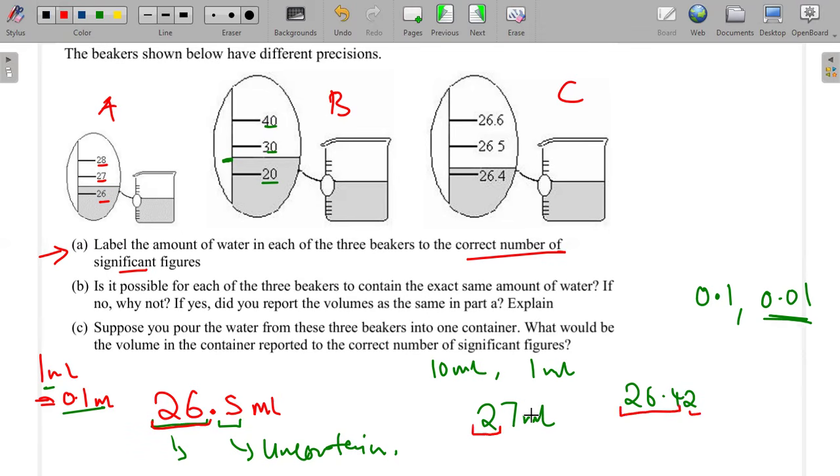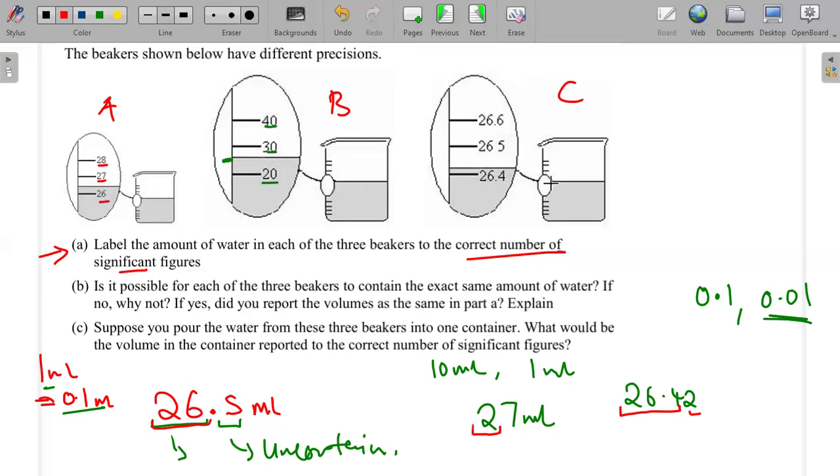Okay, but as you will notice when you go to the labs and be doing this, each and every one of you is going to have a slightly different measurement that you are going to actually write, because someone here might interpret this as 26.41, okay, and then you say 26.42. It will still be correct like that.